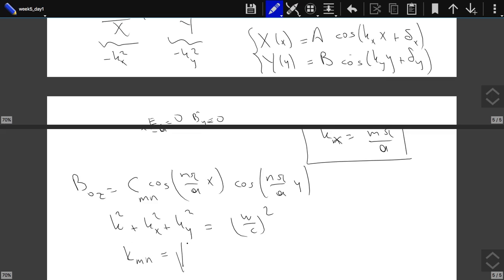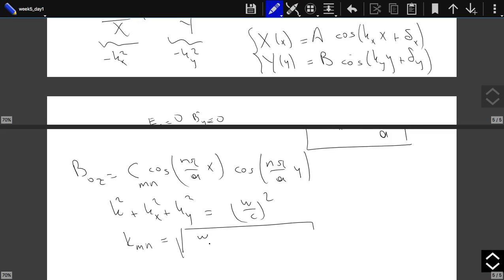This should be equal to the square root of (omega over c) squared minus (m pi over a) squared minus (n pi over b) squared. Let me also call this omega mn.